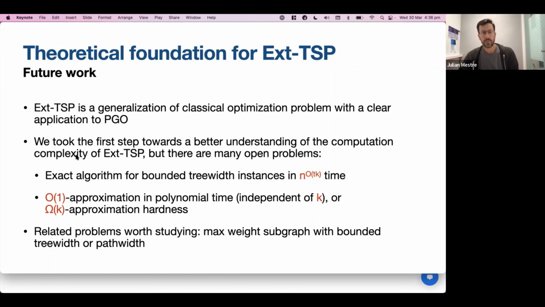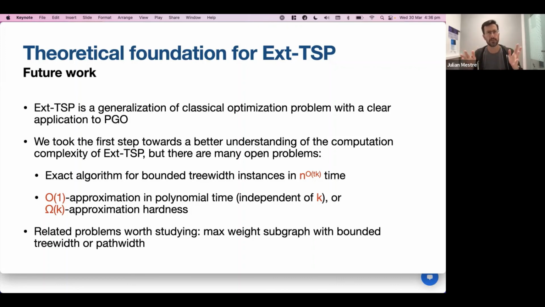And in studying this problem, I also started thinking about other sequencing problems that are interesting to think about. If you think of this extended TSP, at least when you don't have these discount factors, when the discount factors are 1 or 0 afterwards, it's like trying to find a subgraph of your input graph that has maximum weight and has bounded bandwidth.